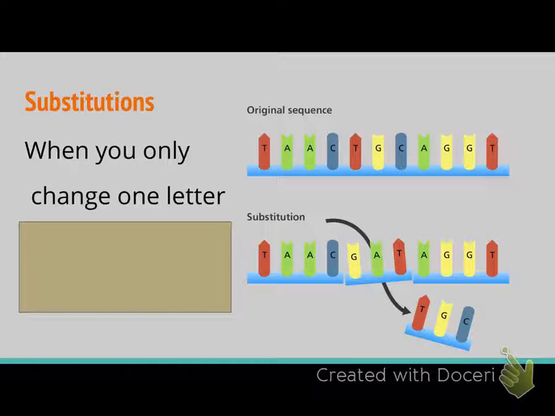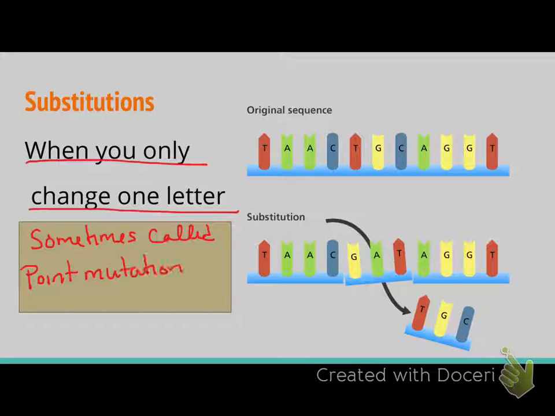So in the first example, we have substitutions, and you need to write down this whole part right here. When you only change one letter, that is an example of a certain type of substitution. It is sometimes called a point substitution or mutation, and that's just when one letter changes.